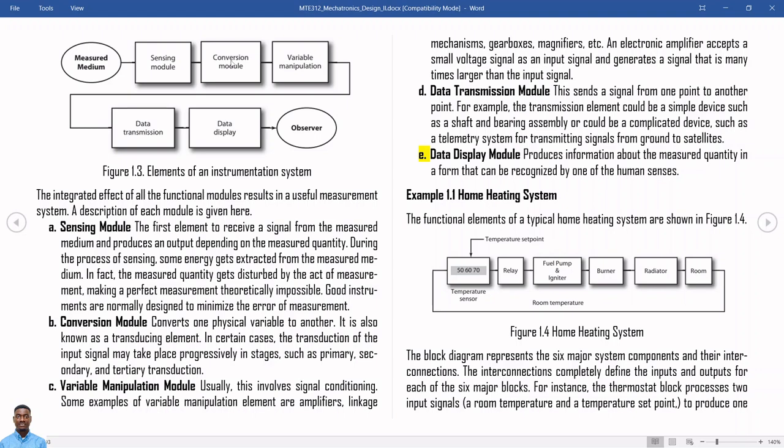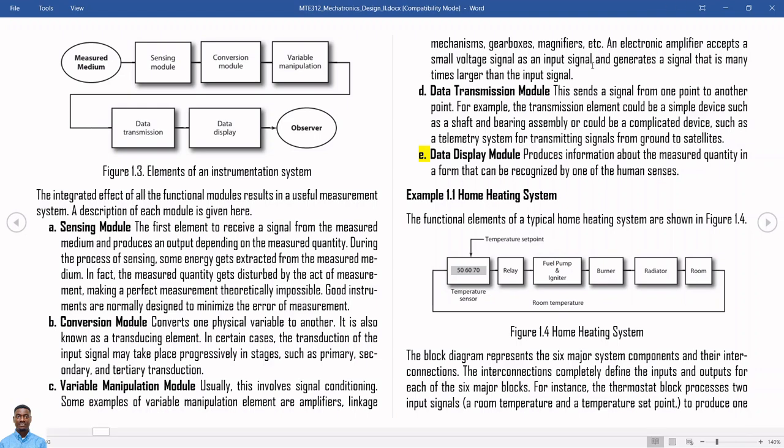So for instance, an electronic amplifier accepts a small voltage, which is the input signal in this case, and generates a signal that is many times larger than the input signal.